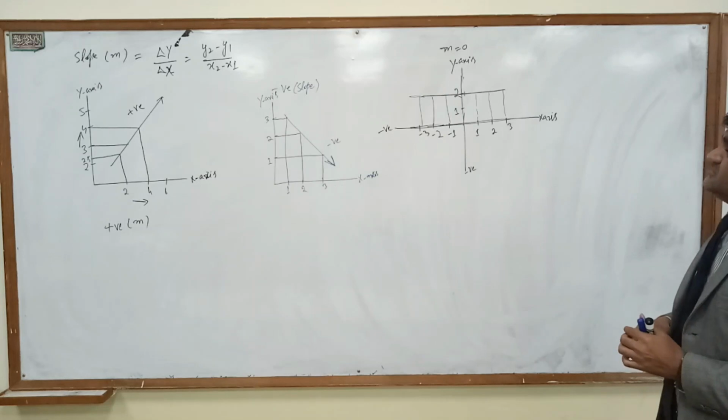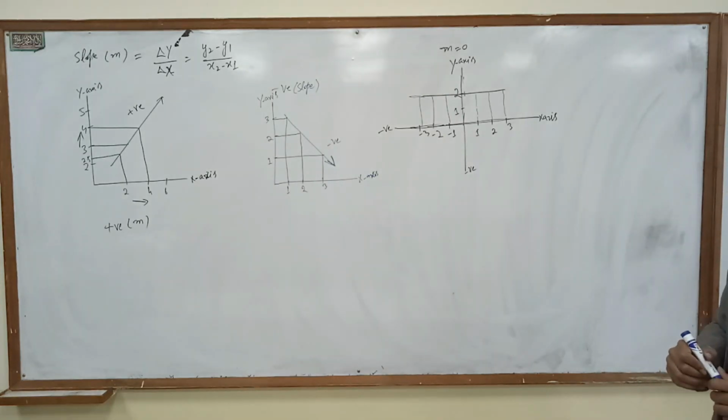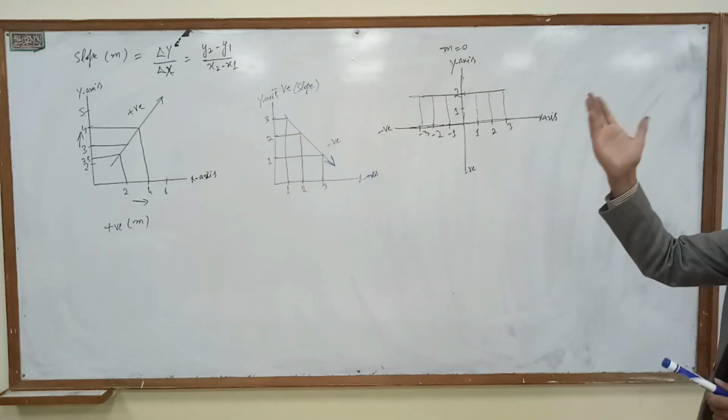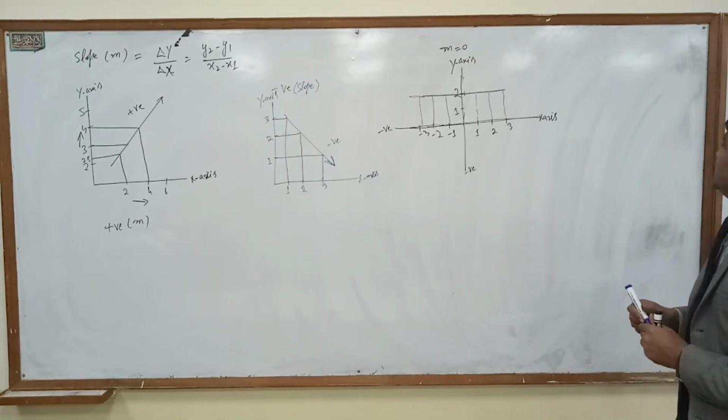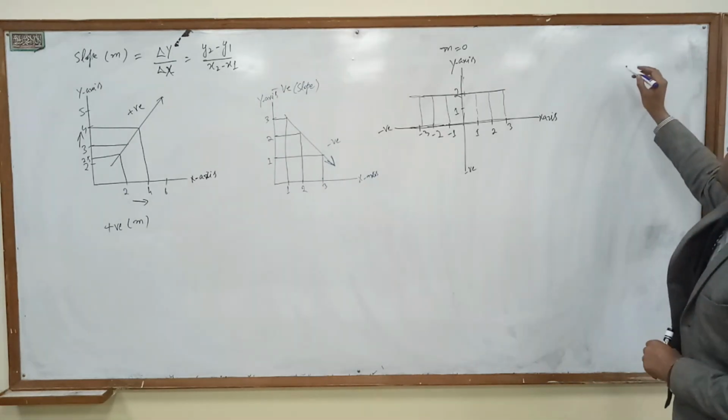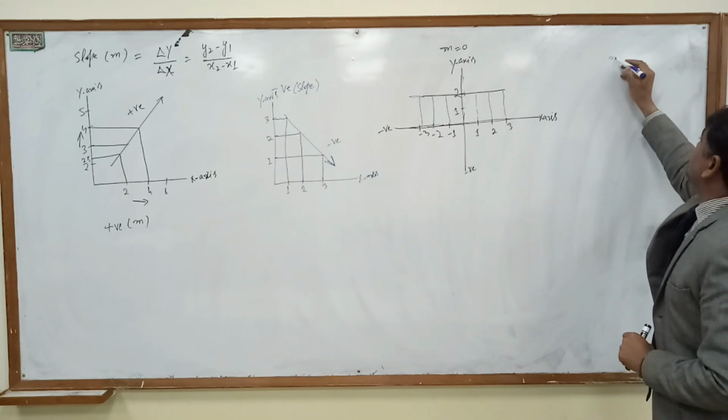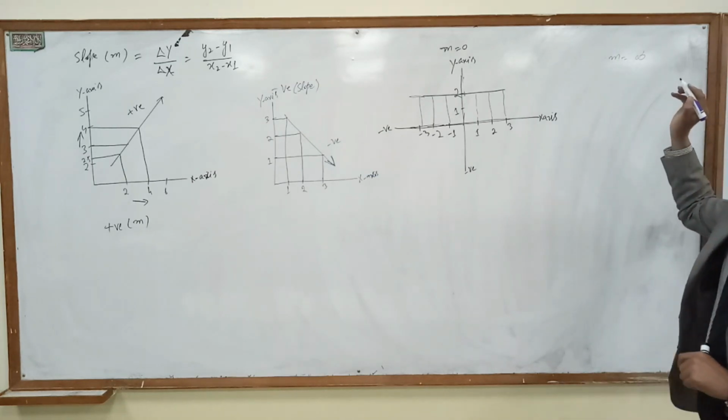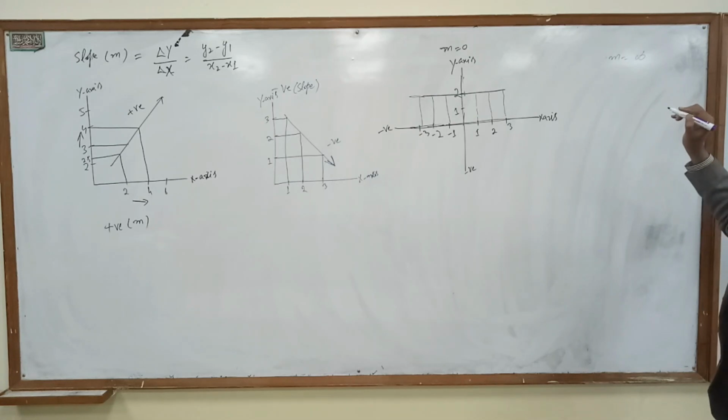There can be many examples of 0 slope and positive slope, negative slope, as well as undefined slope or infinite slope. If m is undefined or infinite, okay.